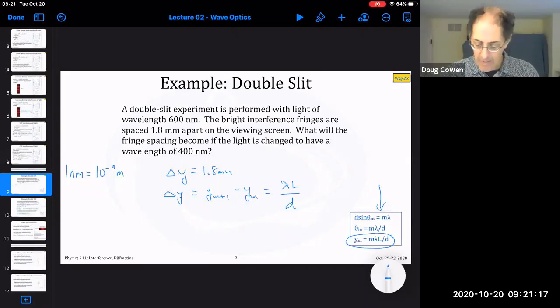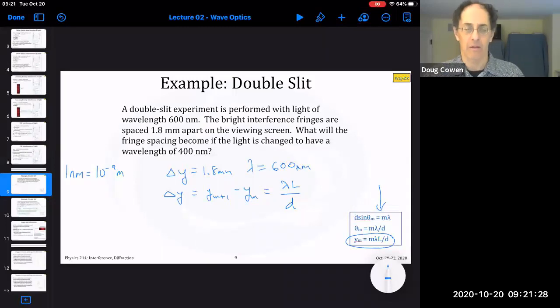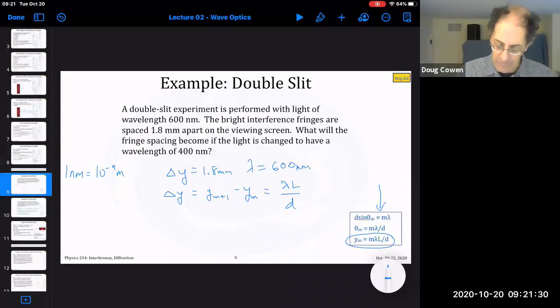All right, so anyway, we are given here that delta y is 1.8 millimeters. We're also told that the wavelength is 600 nanometers. So it's useful usually with problems like this to write down all the things that you're given.